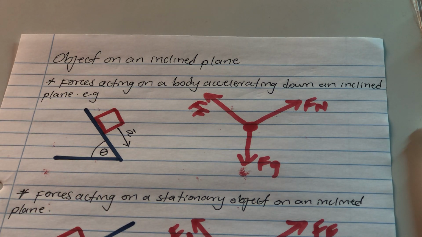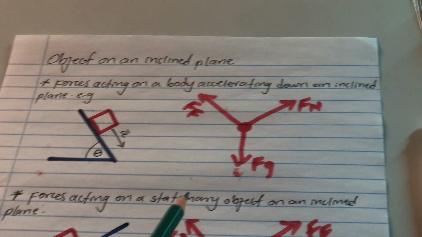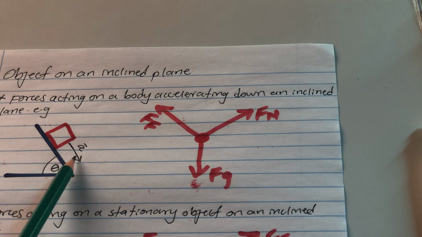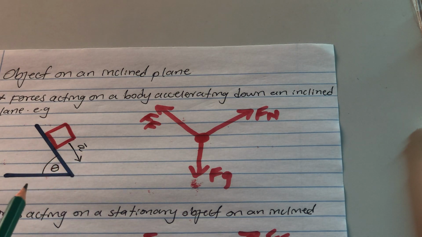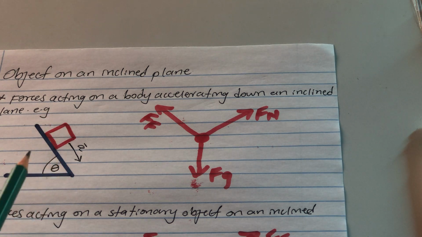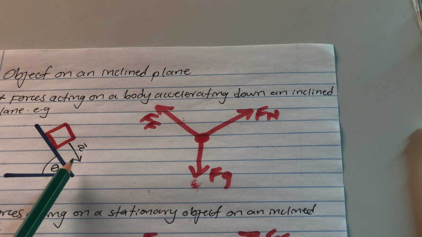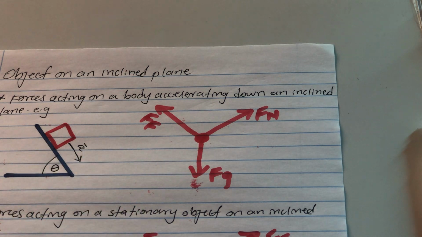So how do I show the forces that are acting on this block? Remember, here we don't have applied force. We don't have applied force, but we've been told that the body is accelerating downwards. This is not a force, it's an acceleration. So how do I show forces that are acting on this object?